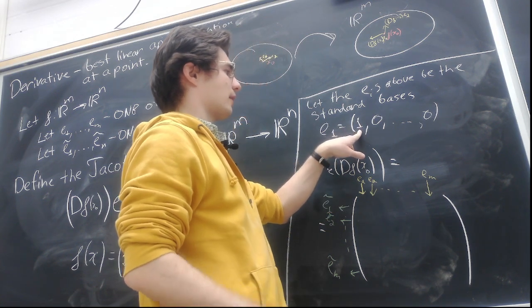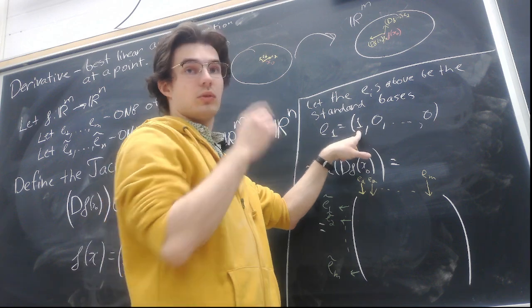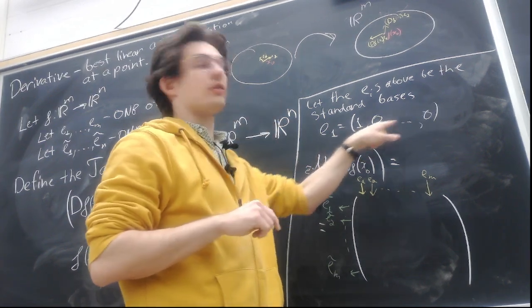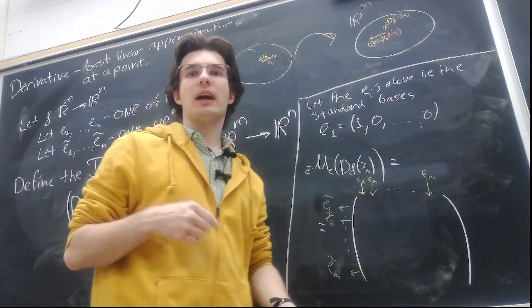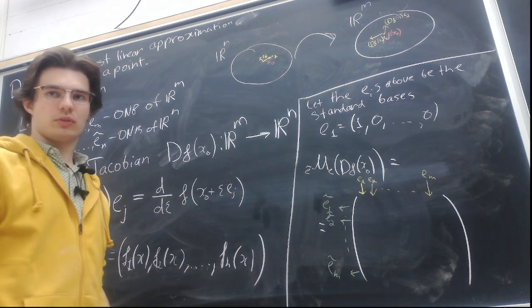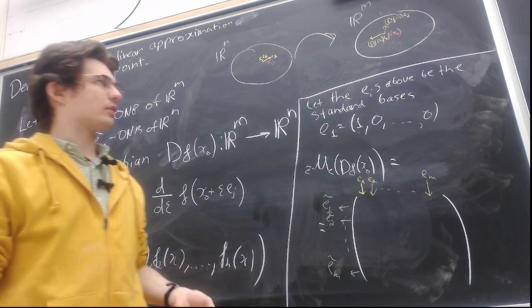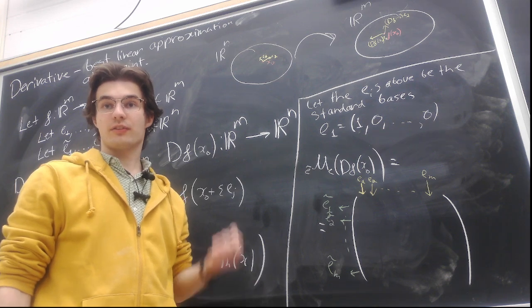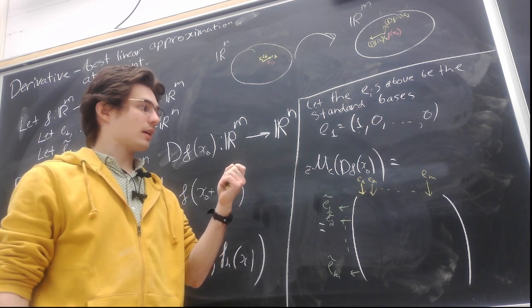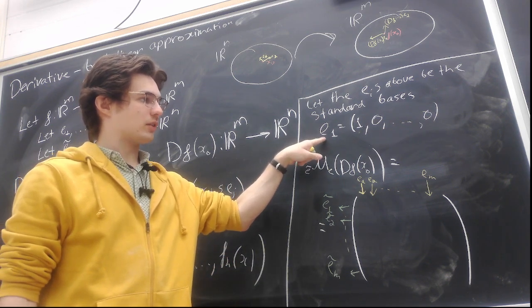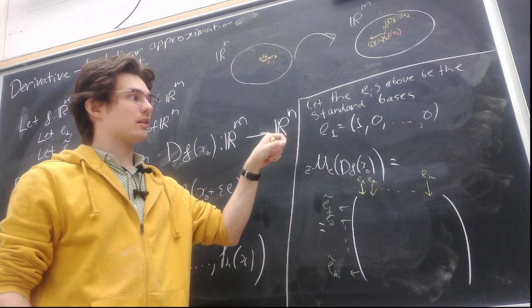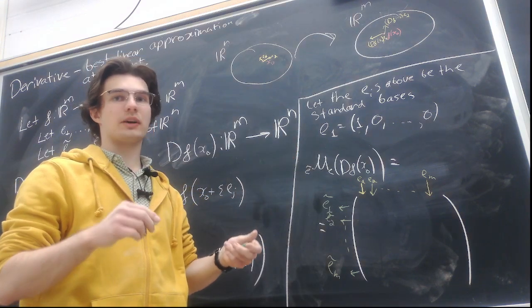So if I look at E1, E1 is what direction? That's just the direction with 1 in the first component, 0 everywhere else. What kind of derivative does that correspond to? That corresponds to varying which coordinate? The first coordinate. So this best approximation should be like taking the derivative with respect to x1.